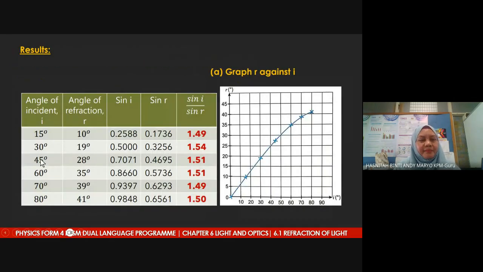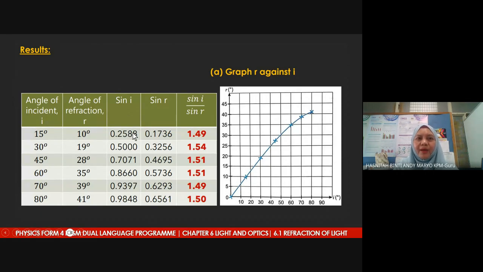Okay, let's say this is the result collected from this study. The angle of incidence increases from 15 to 80 and the angle of refraction from 10 finally to 41. So this is sine i. How to find this? Just press your calculator. Sine 15, we get 0.2588.